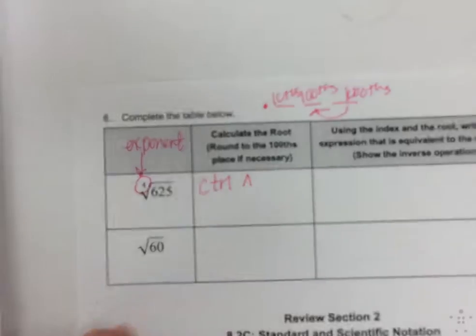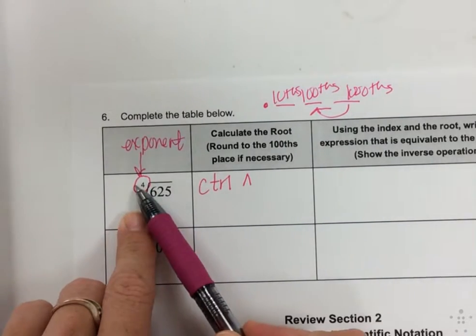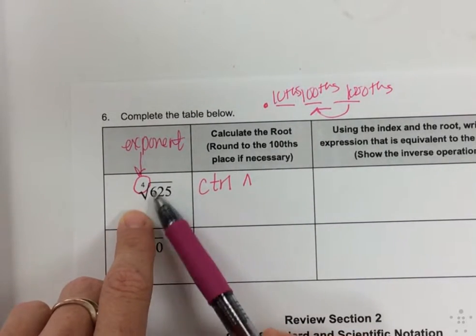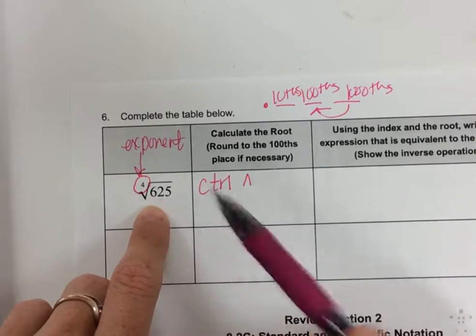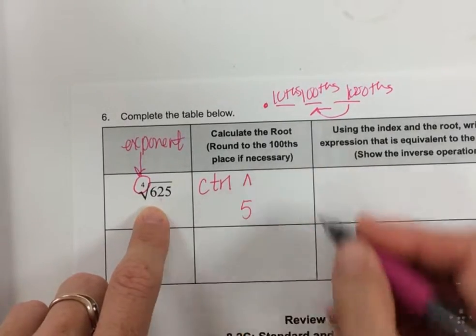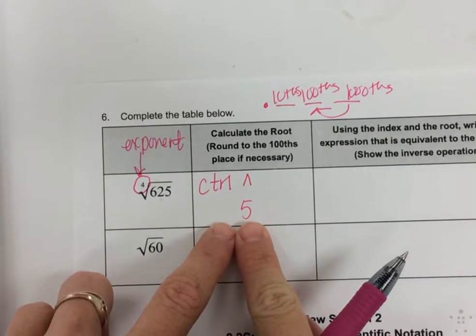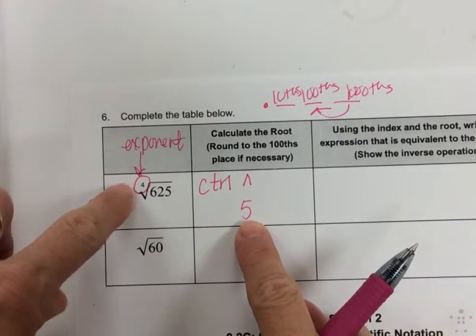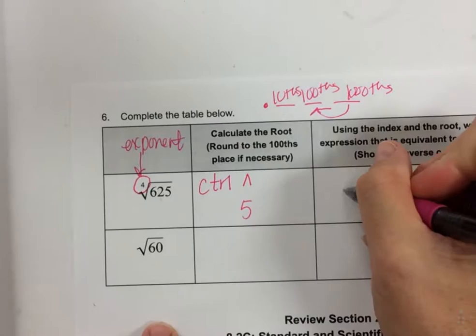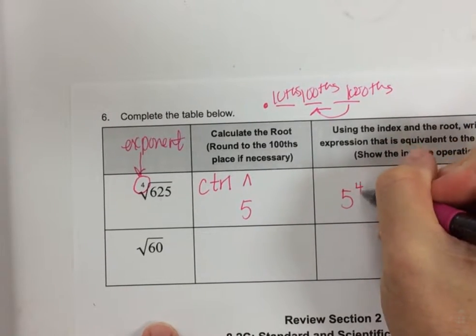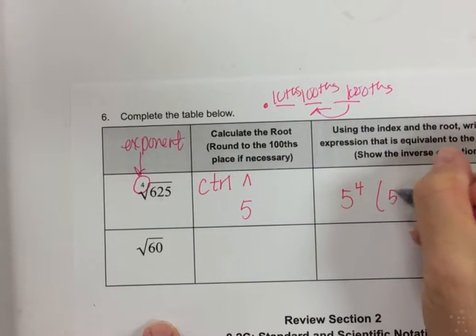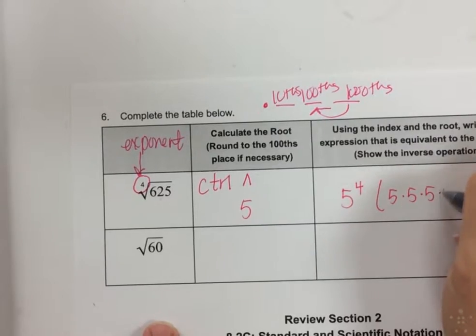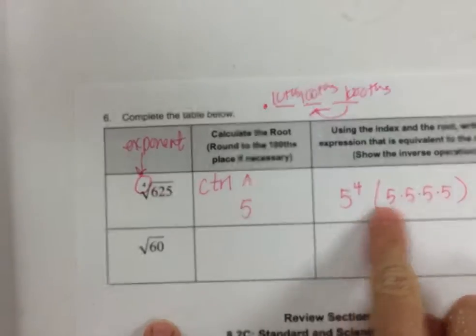So you enter that in your calculator. Make sure your index is 4 and 625 is your radicand. And when you do that, you're going to get the number 5. There's your root. So then we take the root here and the index, and we're saying, what does that mean? Well, that's 5 to the power of 4, which is really like 5 times 5 times 5 times 5.